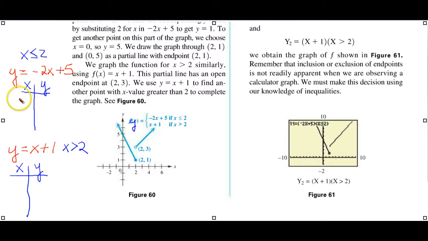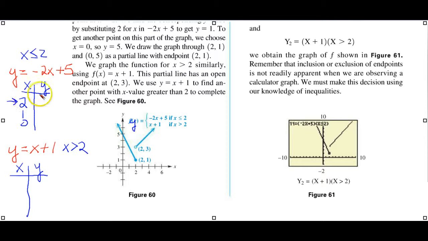So we know we can have a 2, but what would be another number? Well, a 1. Another number would be a 0. And then we would continue this down. But this gives you enough to anchor your graph. It's going to start here and then continue this way.